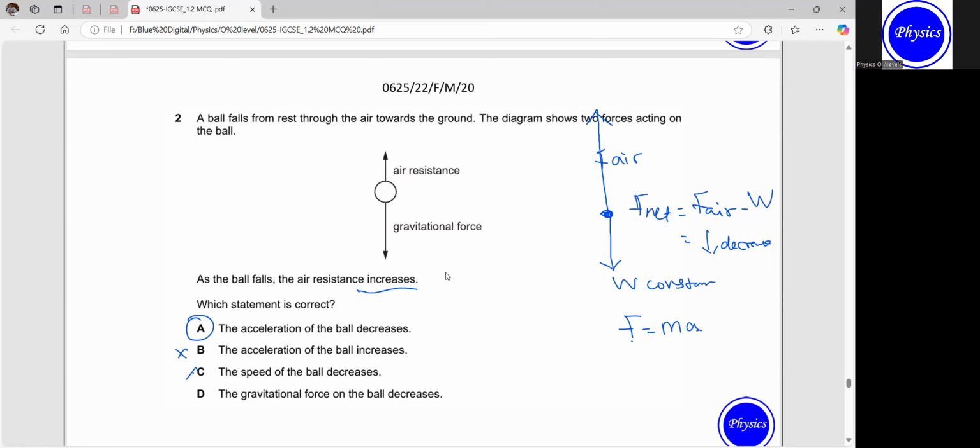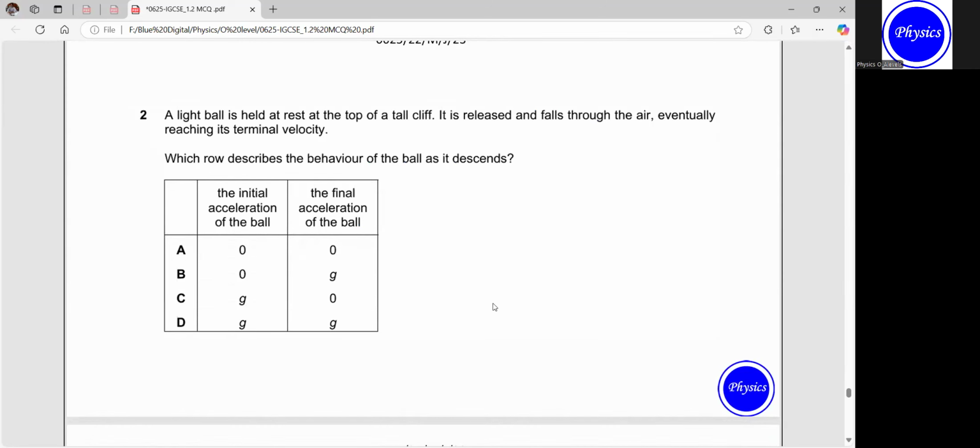Let's see. A light ball is held at rest at the top of a tall cliff. It is released and falls through the air. Which row describes the behavior of the ball as it descends? So it's coming from a top cliff. Once it leaves the cliff, the only force acting on it is gravity, 9.81 meters per second squared.